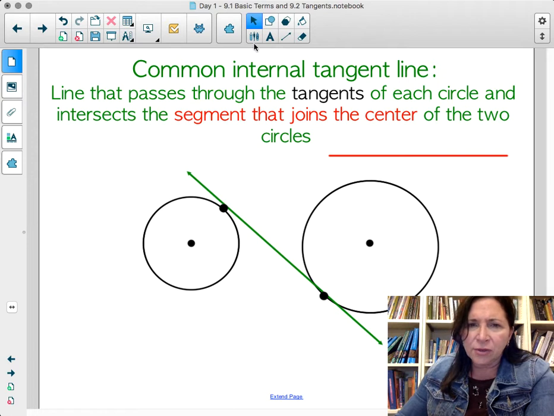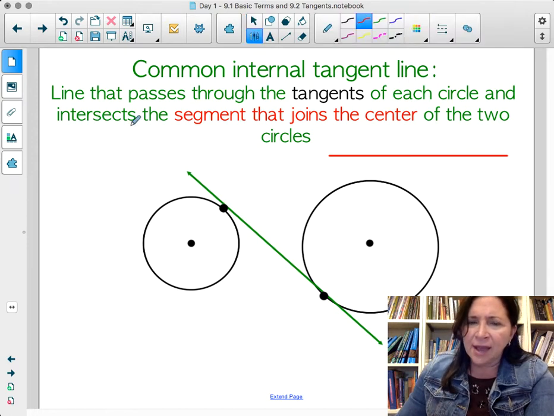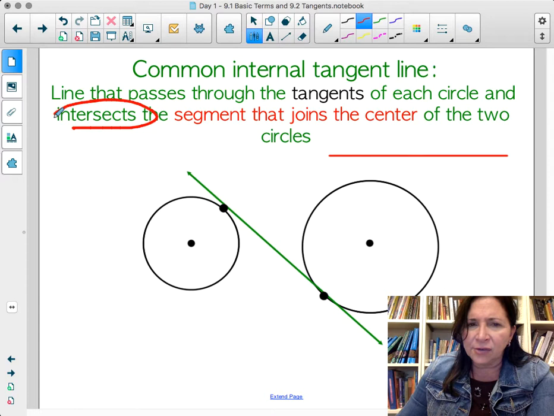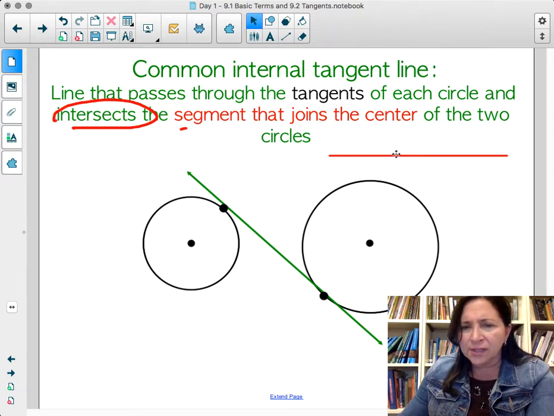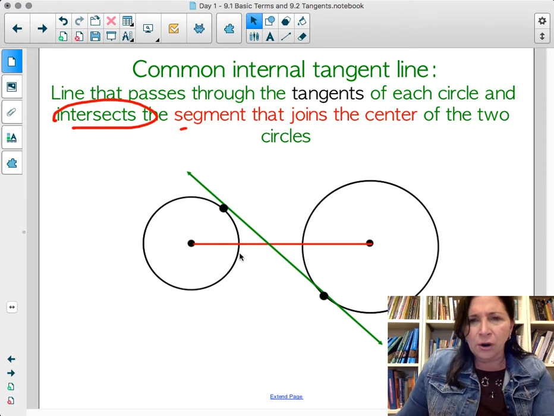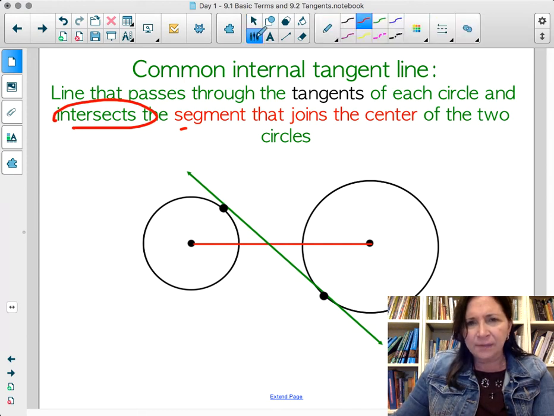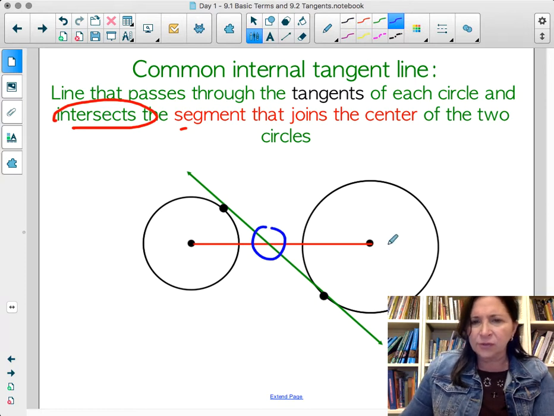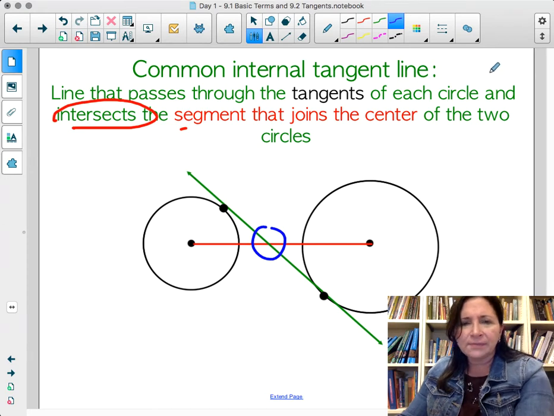But the trick is that it has to intersect the segment that joins the centers of the two circles. So if these two circles have a common internally tangent line like that, that line has to intersect this line that connects the two centers. So that's a common internally tangent line.